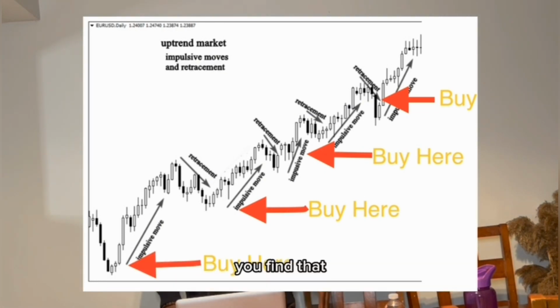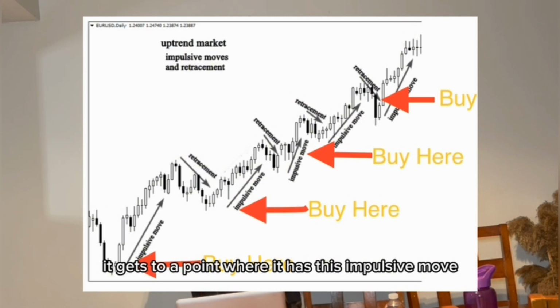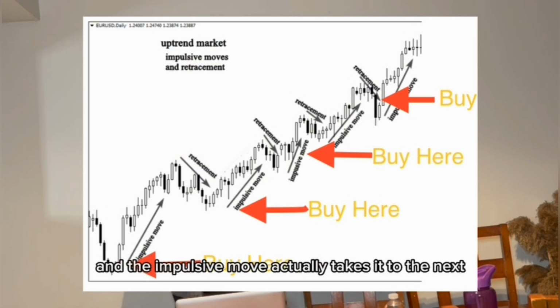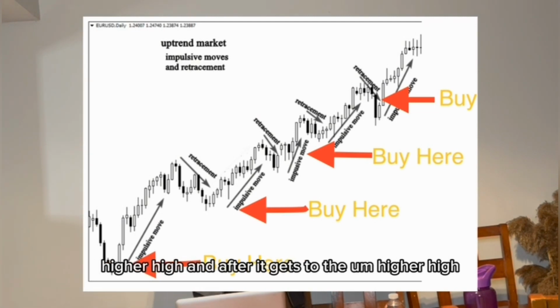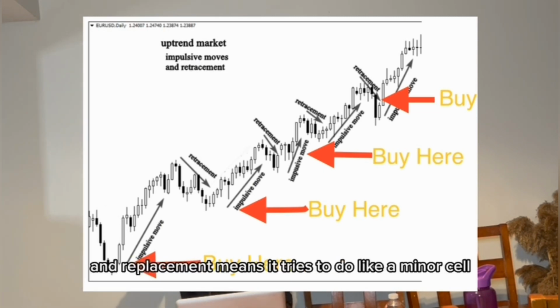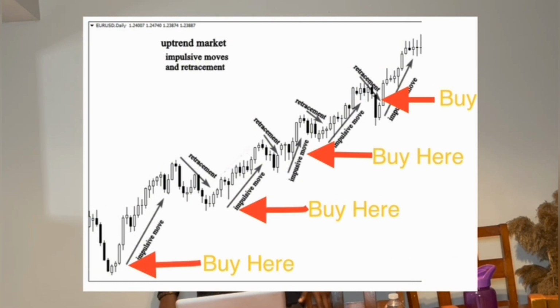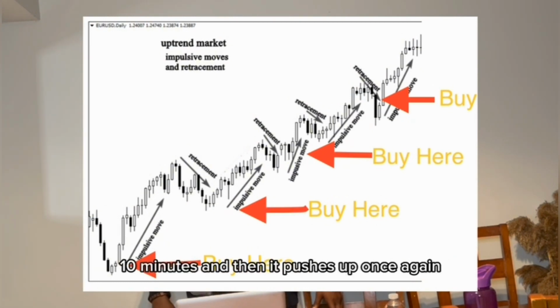So you find that it gets to a point where it has this impulsive move, and the impulsive move actually takes it to the next higher high, and after it gets to the higher high, it retraces, and retracement means it tries to do like a minor sell for some maybe 5-10 minutes, and then it pushes up once again.